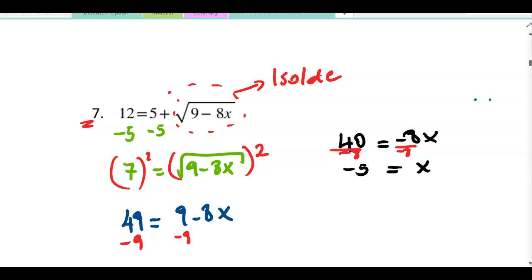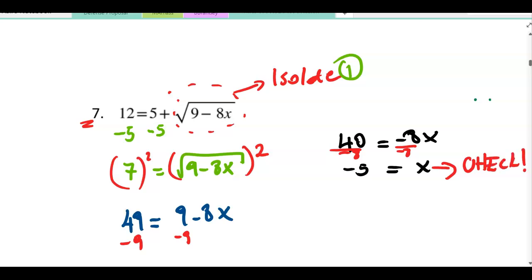Now, this is one thing that you need to be careful about: isolating the radical before taking the square. The other thing that we expect you to do is check, because this may not validate. Whatever you end up with, one or two solutions, you have to check. That is part of the solution, right?